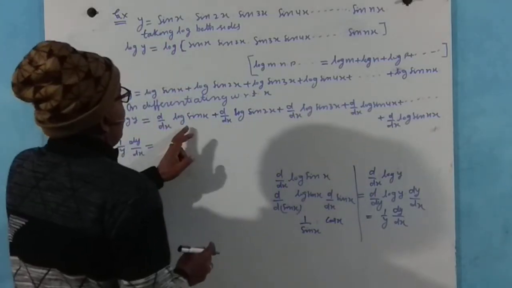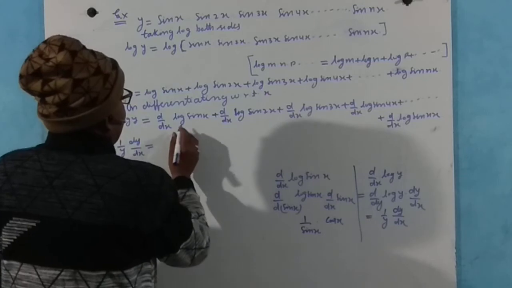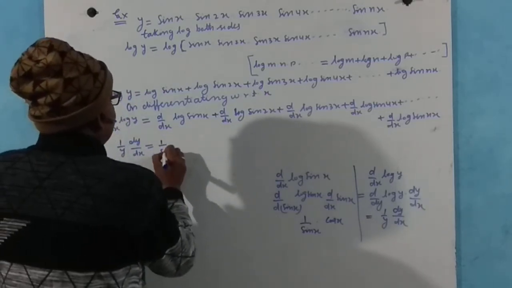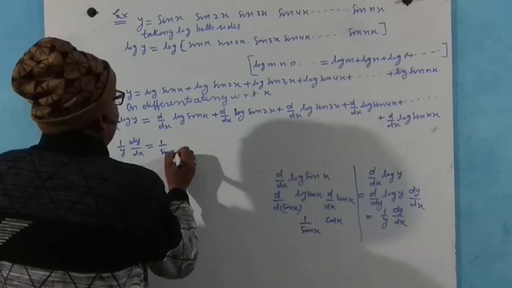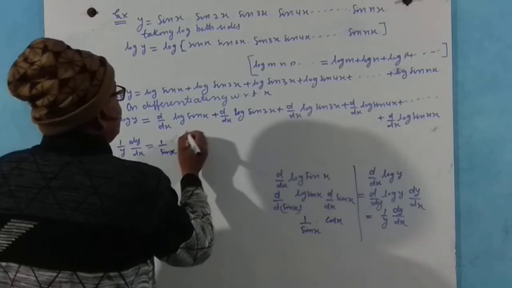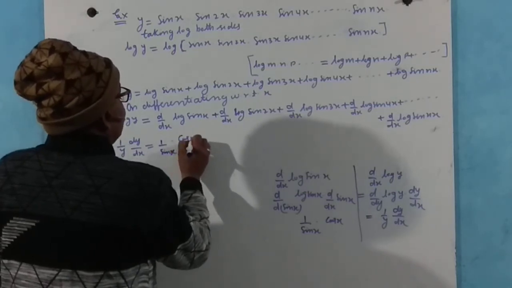Now, so this is equal to 1 by sin x, and with respect to x, this is equal to cos x.